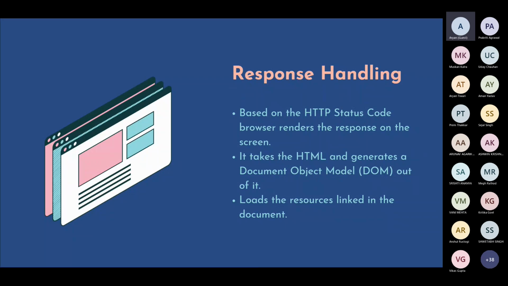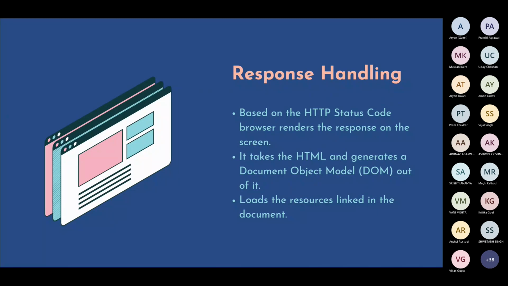Inside the HTML document, there might be links to other resources like JavaScript or a CSS style sheet or even an image or a video. As and when the browser comes across the resources, it will fetch those resources too and render them on the screen.